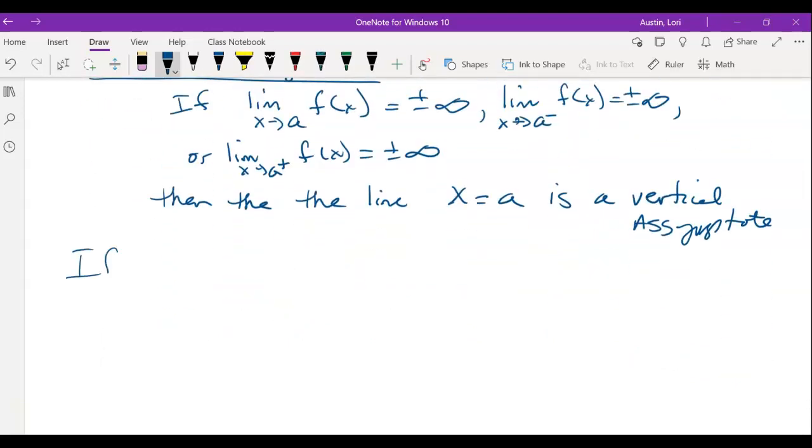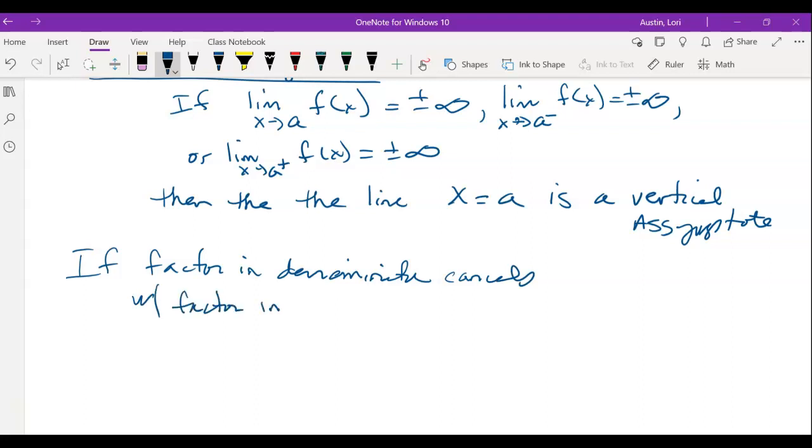So if a factor in the denominator cancels with a factor in the numerator, then you have an open hole, which is called removable.